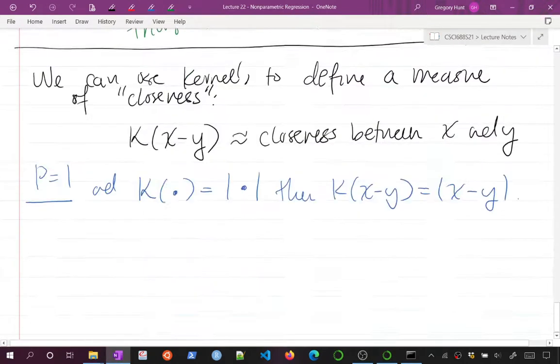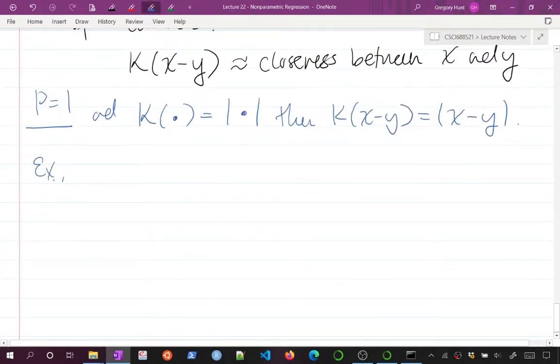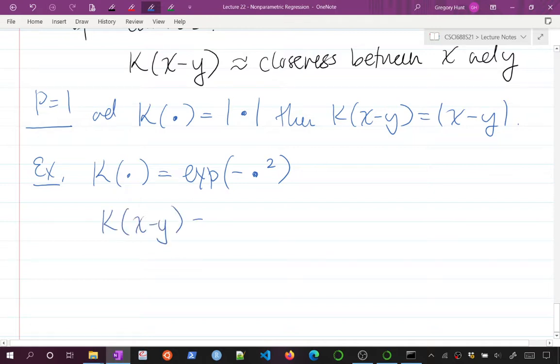But we could have other examples here. If k of whatever is basically a Gaussian, which is something like e to the negative whatever squared, right? Then k of x minus y is e to the negative (x minus y over d) squared.